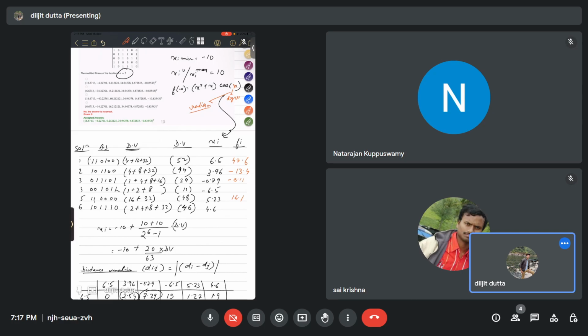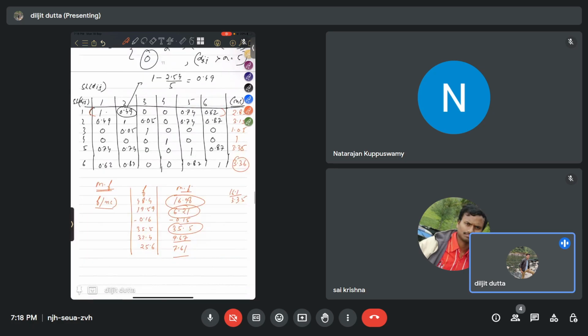Cos of 4.6 minus 2.88. So these are the modified values. I think there is some mistake in the third value in the solution maybe.